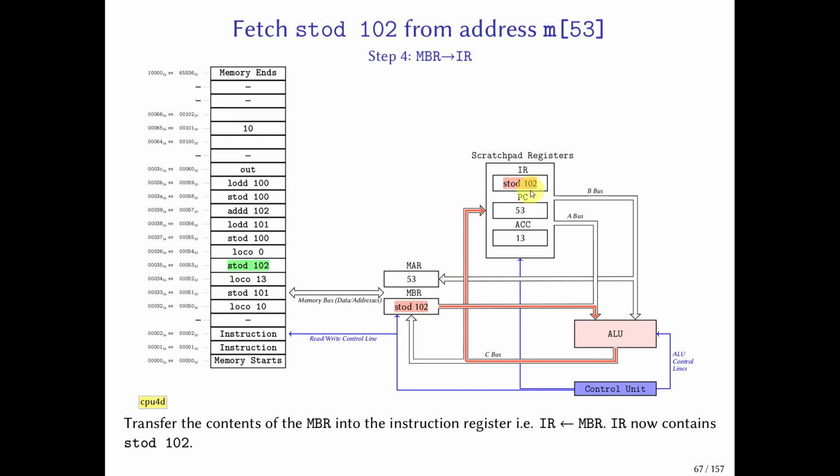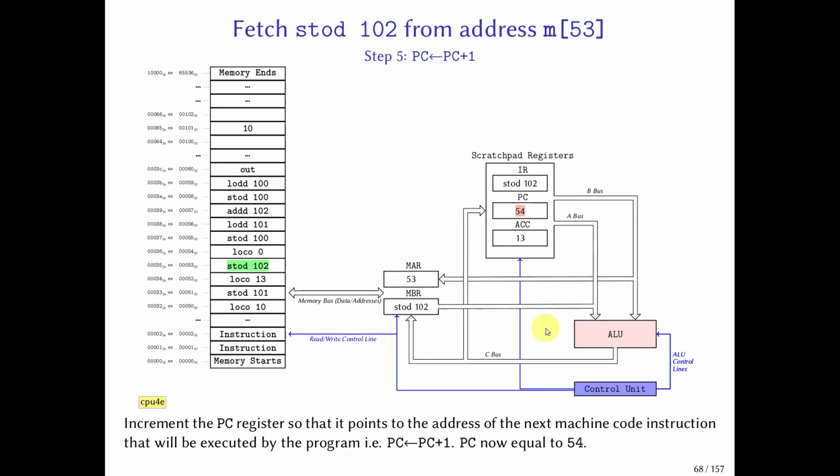The newly arrived machine code instruction STOD 102 overwrites the previously stored machine code instruction, which was LOCO 13. So that is now overwritten. And that, once we've incremented the PC register by 1, so it goes from 53 to 54, which is the next address of the next machine code instruction that will be executed.